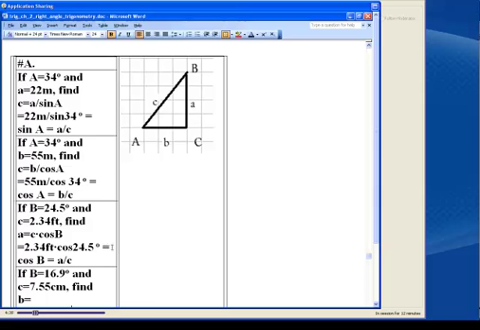Then b equals c times sine B, and the numbers are 7.55 centimeters times sine of 16.9 degrees.